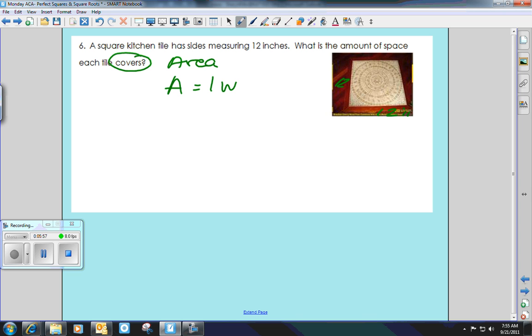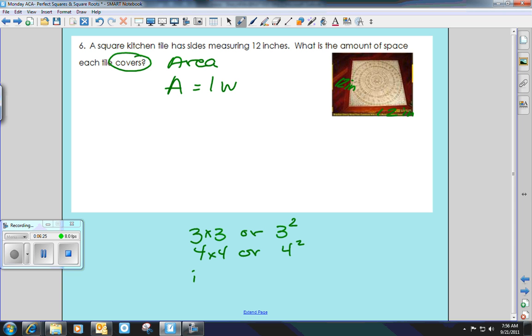So if this is 12 inches on each side, I can take 12 times 12 and come up with a number. But when I take inches times inches, okay, let's look at this. 3 times 3 is the same as saying 3 squared. 4 times 4 is also 4 squared.